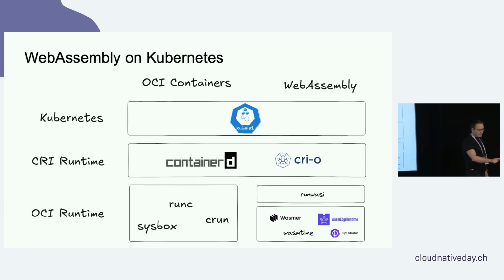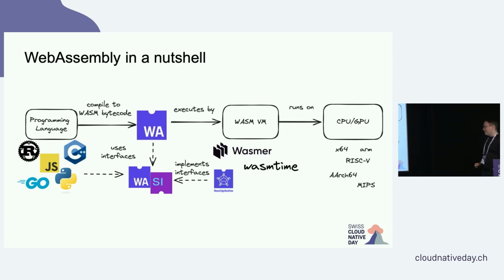Good. But we also need to answer what WebAssembly is exactly. WebAssembly is a platform-independent bytecode format. At its core, it was initially developed for the browser to run performance-sensitive workloads inside the sandbox, and so on. On the left side, you have your programming language.